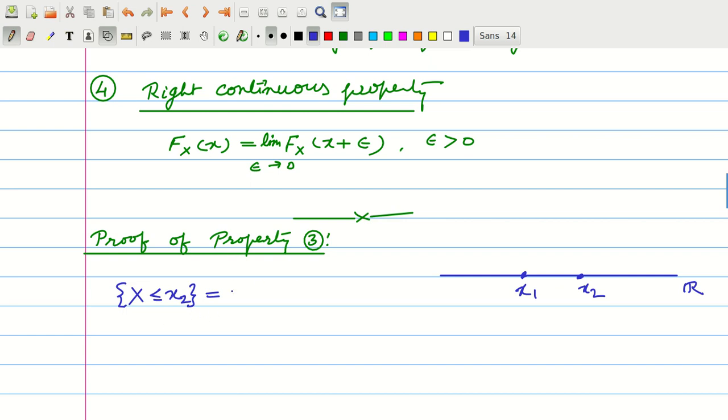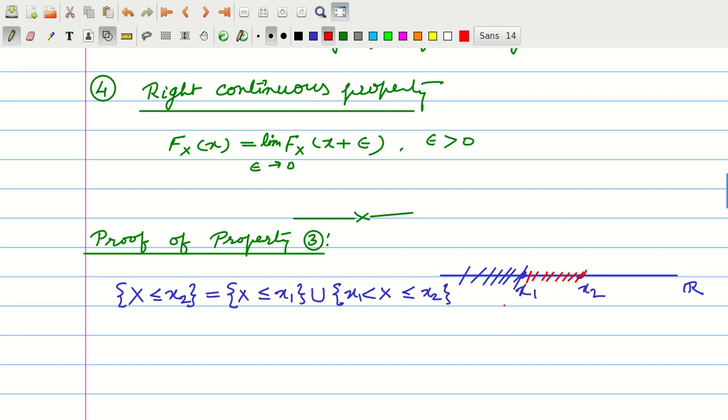So X less than or equal to x2 is an event that can be expressed as the union of two events, X less than or equal to x1 and X strictly greater than x1 and less than or equal to x2. Note that X less than or equal to x1 includes x1, and the event from x1 up to x2 excludes x1 but includes x2.